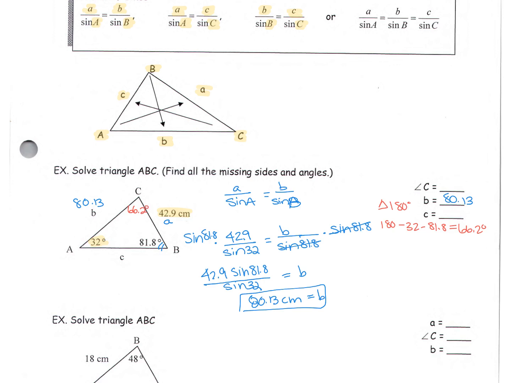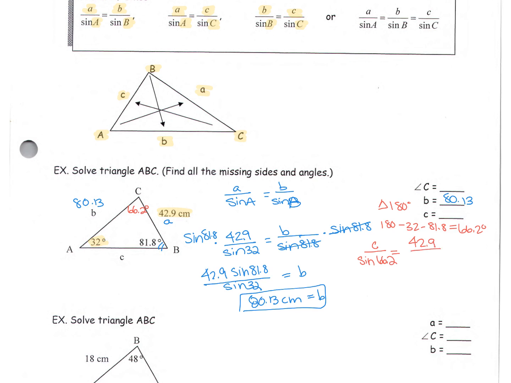So now I'm going to set up a proportion again. This time it's side c I don't know, so I'm going to put it over the sine of angle C, which is 66.2. And I have an option here. On the other side of this proportion, I could use a or b. I'm going to go back and use a because that was given to me in the beginning, but it won't matter which one you use.